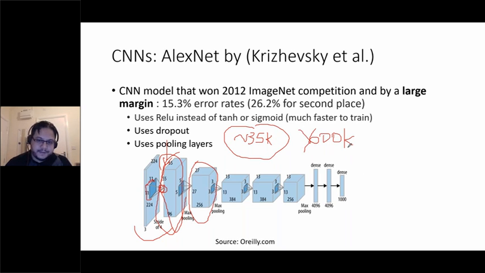And same goes here, 3 by 3 by 256 multiplied by this, and we can compute the total number of weights. Most of the weights will be in the dense layer, because it's densely connected. For example, it's 256 by 13 by 13, all connected.